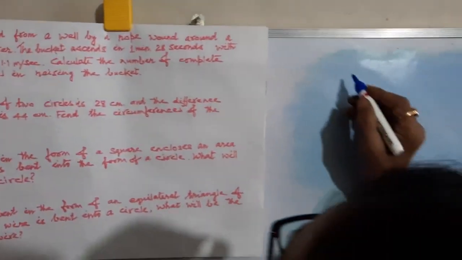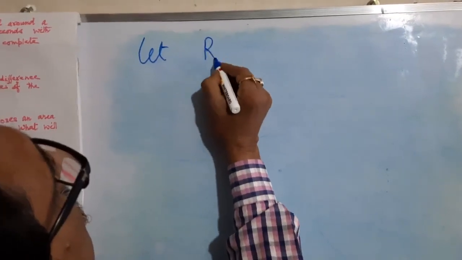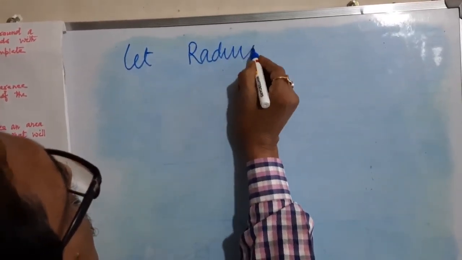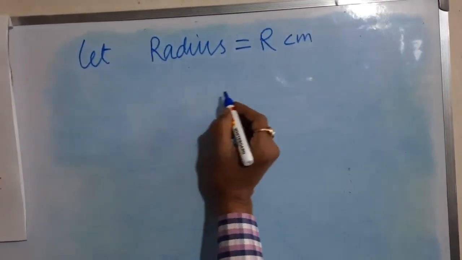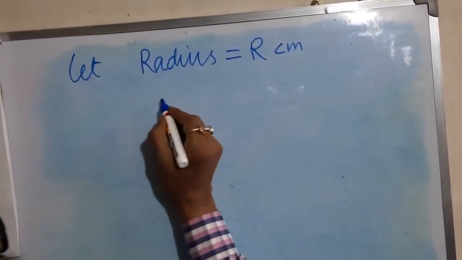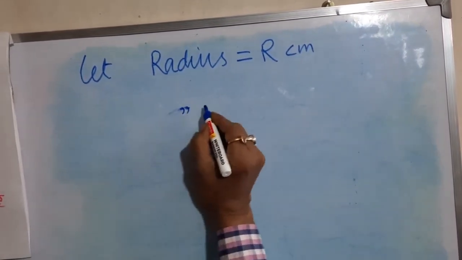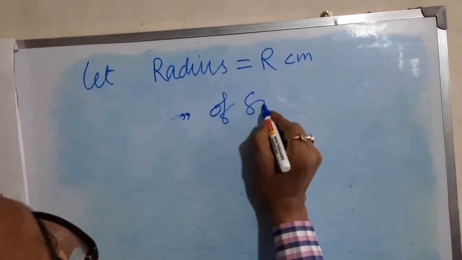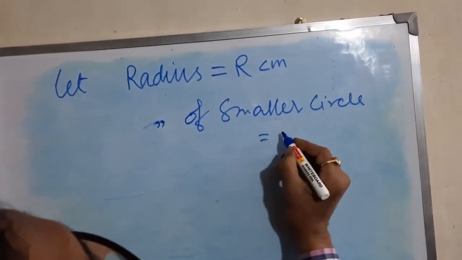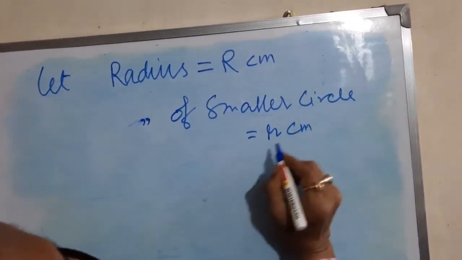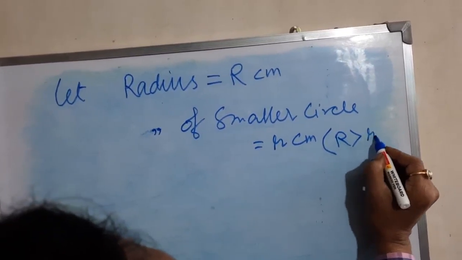Let us suppose that the radius of the bigger circle is equal to capital R centimeters and the radius of the smaller circle is equal to small r centimeters, and capital R is greater than small r.